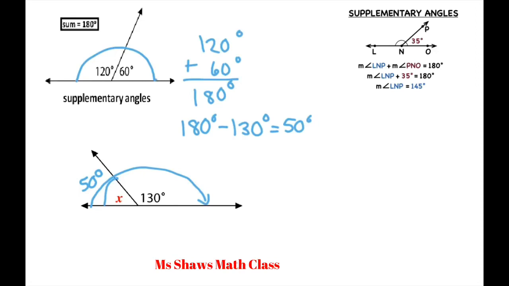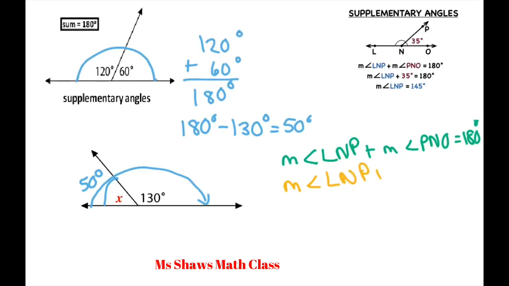And here we have an example of 35 degrees. So you have the measure of angle LNP plus the measure of angle PNO equals 180 degrees. And I'm just copying it. So we can substitute. We have the measure of angle LNP plus the measure of PNO. PNO actually is 35 degrees.